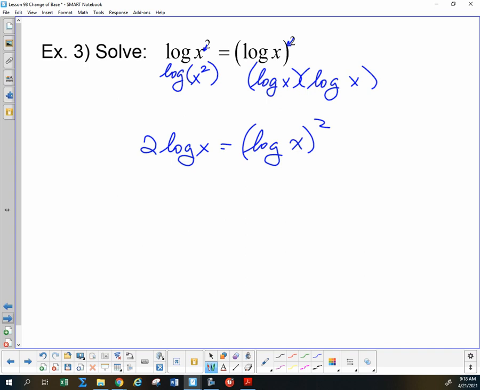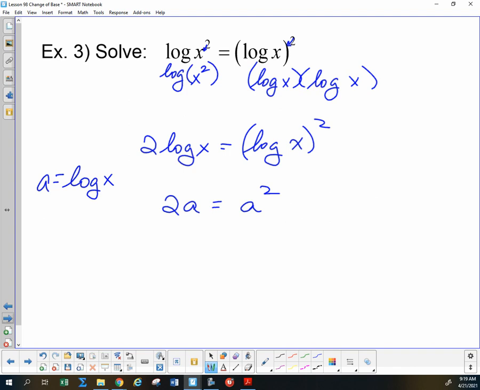We've already used x, so any different letter, Greek, English, whatever you like, I'm going to pick a. And I'm going to let that be the log of x, so I can look and see if there's a pattern that I recognize. So I am going to say 2a equals a squared.